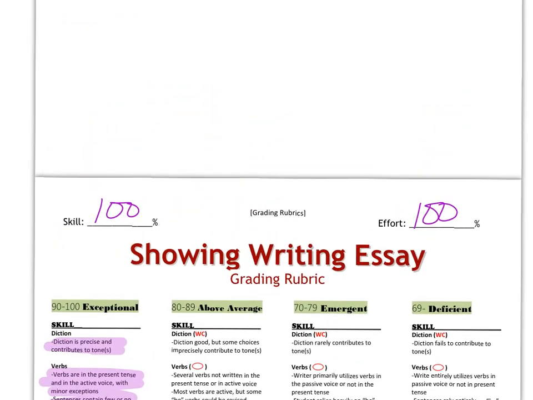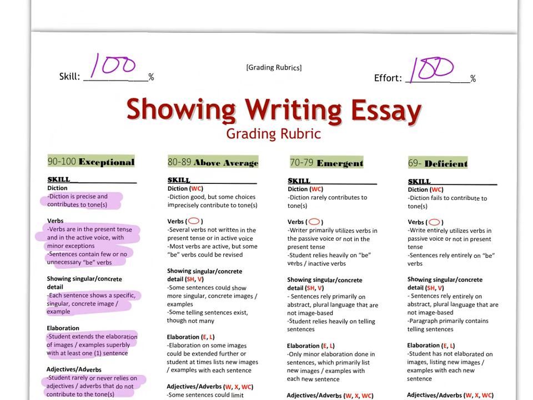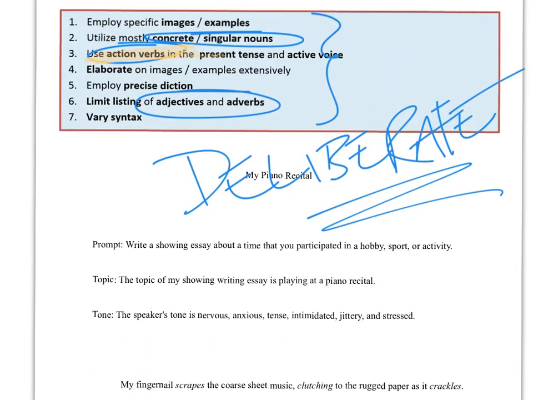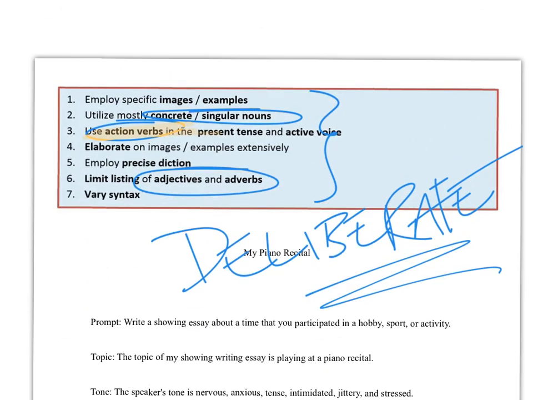So again, the goal here for this first essay of the year is, in 10 sentences, can you show me utter control and precision in 10 sentences? Can you show me in each of these sentences that, yes, I can show you specific image-based examples. I can focus on concrete singular nouns. I can, in 10 sentences, use action verbs and avoid linking verbs.